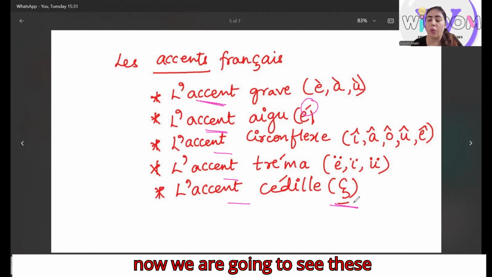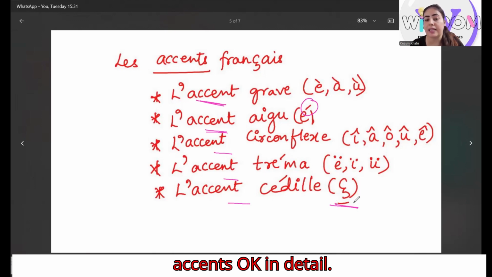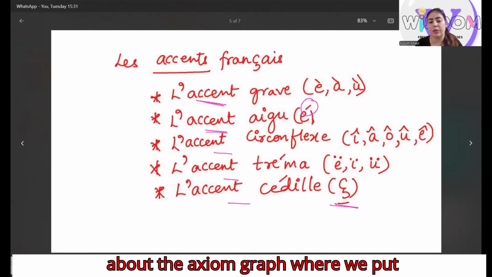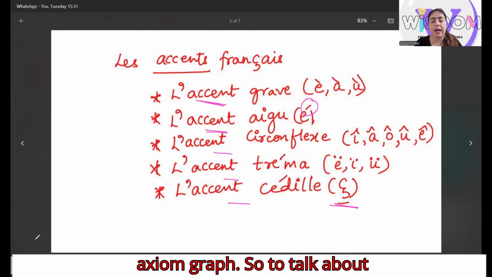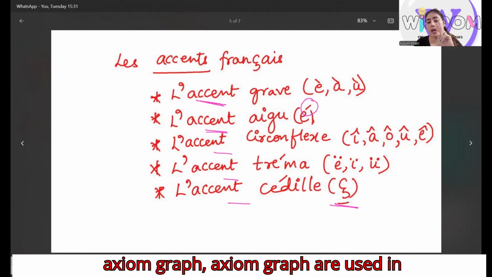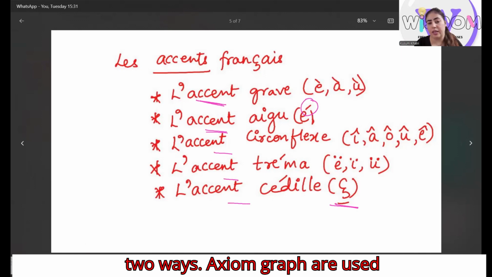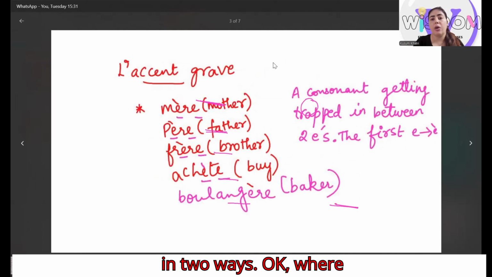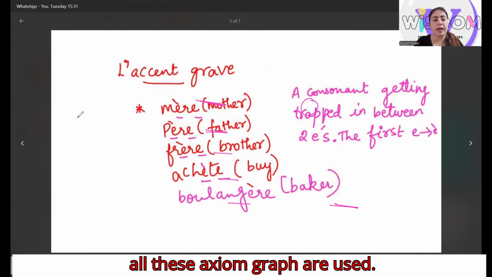Now we are going to see these accents in detail. First of all, we are going to see the accent grave and where we put it. The accent grave is used in two ways.